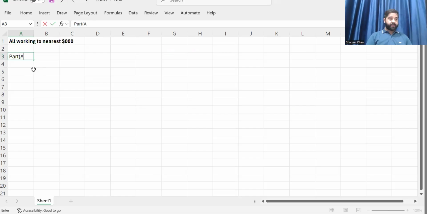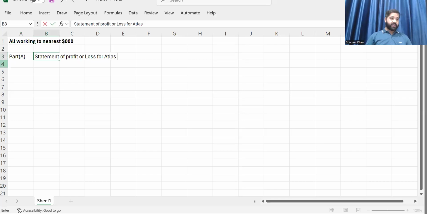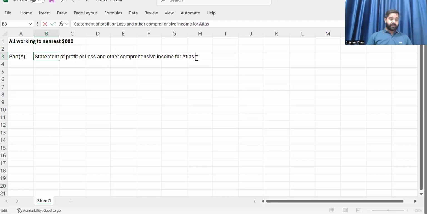So part A, the requirement is to prepare the statement of profit or loss and other comprehensive income for Atlas company for the year ended 31st March 20x3.